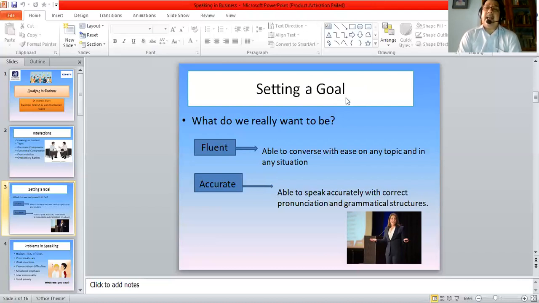Rather, we can say that clarity is a much more important criterion as far as speaking competence is concerned. And fluency also lies, more importantly, in the ability to use words and also the pauses and the various other tools of speech in a competent way.